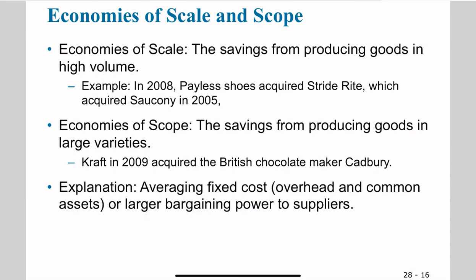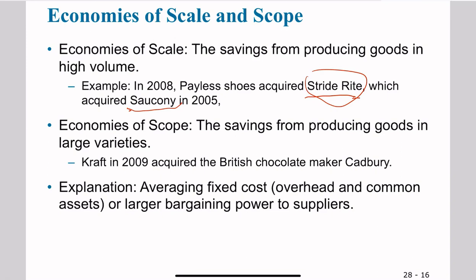So, for example, in 2008, Payless Shoes acquired another shoe firm, Stride Rite, and then this firm also acquired a different shoe firm. I don't know these firms, so I guess it's called Saucony, in 2005.